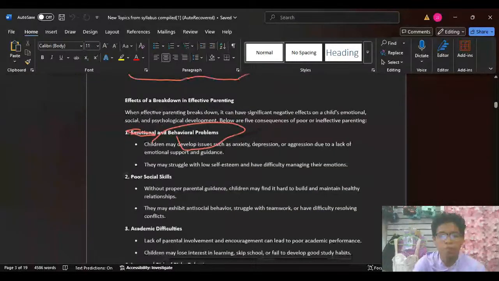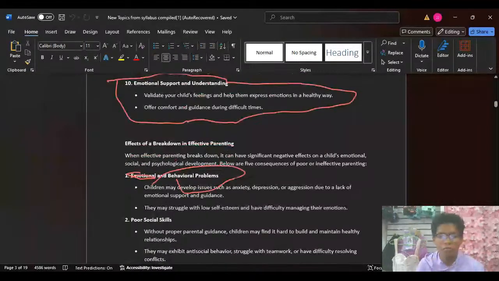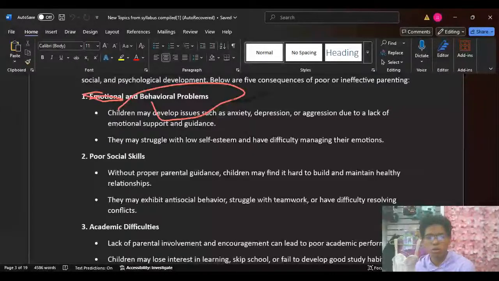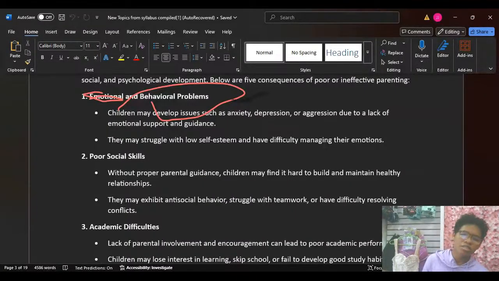What I really want to talk about is the effects of bad parenting, or the effects of a breakdown in effective parenting. Something I really want to highlight is poor social skills. When you're a bad parent, something that is usually developed is anti-socialism, meaning your children become withdrawn, they don't want to go to school, they have poor grades, they have academic difficulties, they skip class, and all of these things start happening because parenting is the foundation of a good child.